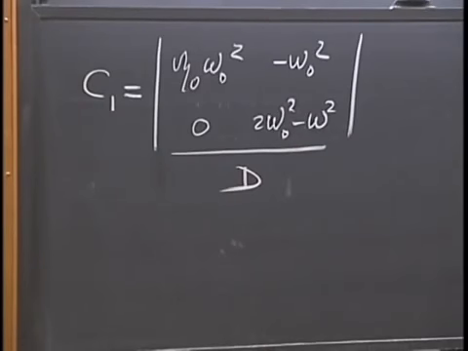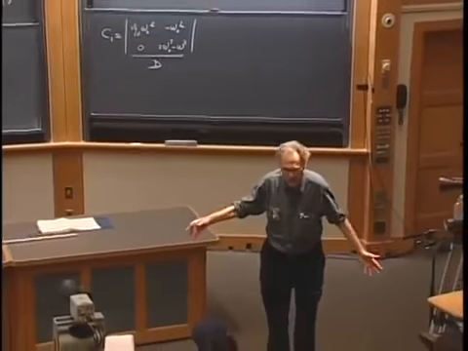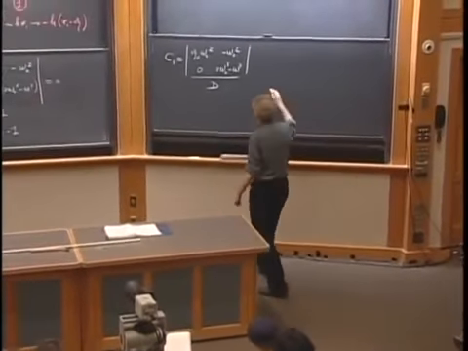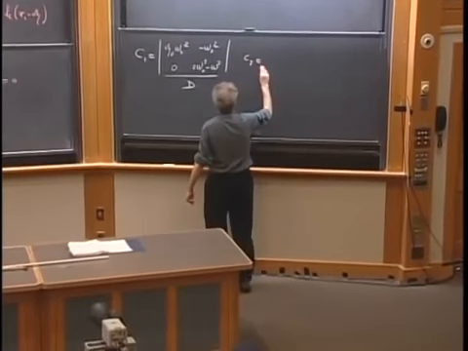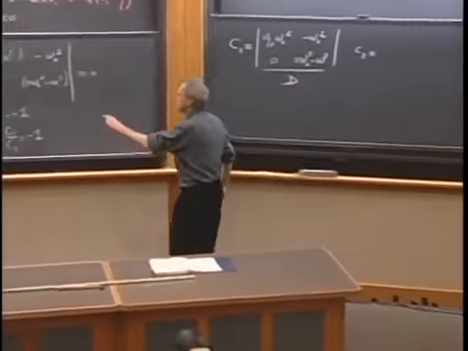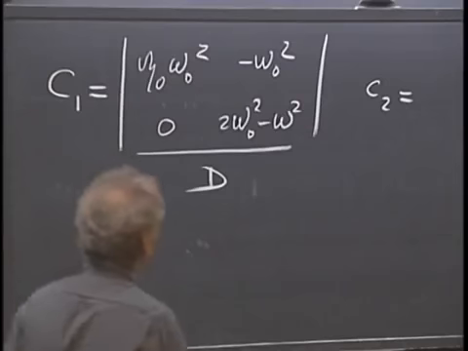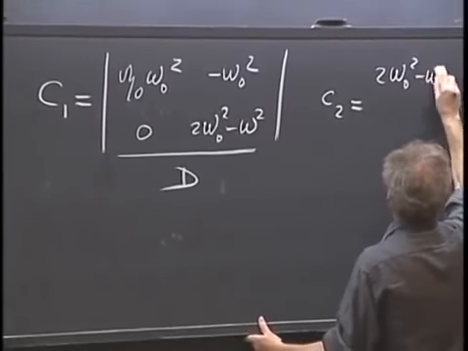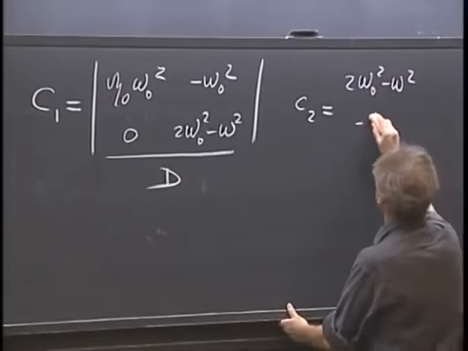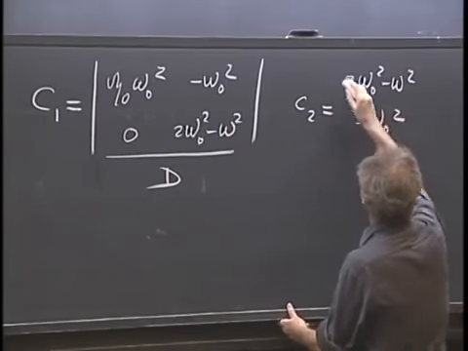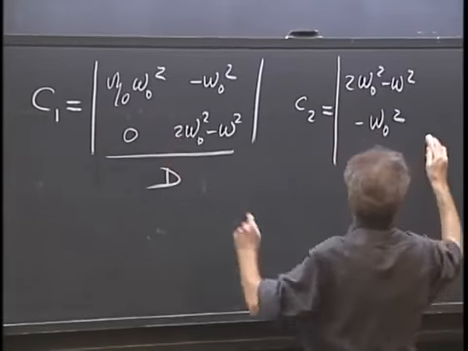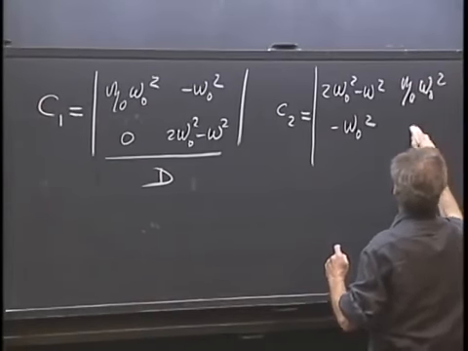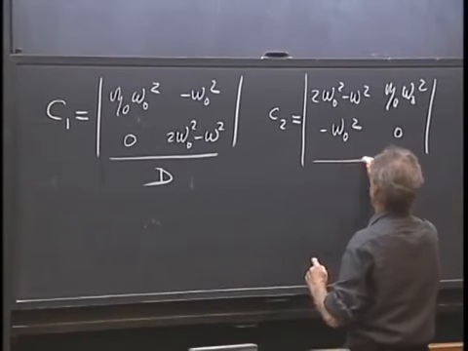If I pick a random value for omega, d is not 0. D is only 0 at those 2 resonance frequencies. And then C2 becomes, so the first column is like this. That is 2 omega 0 squared minus omega squared, minus omega 0 squared. And now the second column becomes eta 0 omega 0 squared and a 0, divided by d.